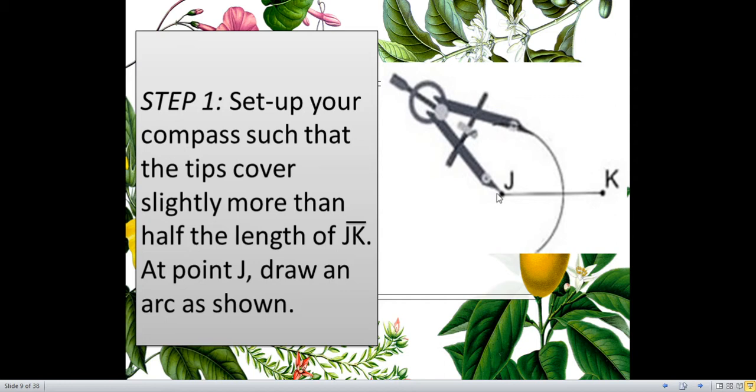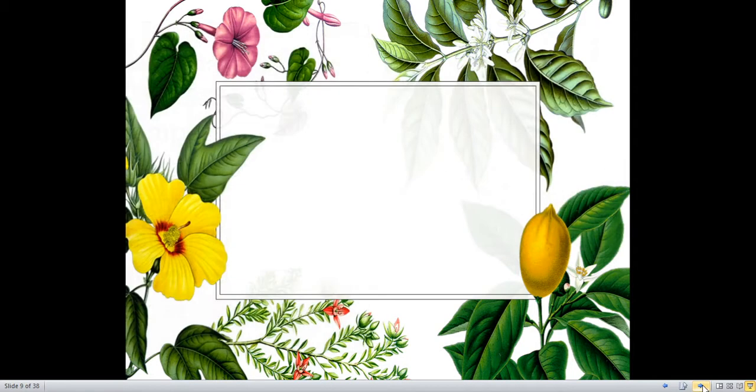From point J to that point, you will draw an arc as shown in the figure, or you can call that almost a semicircle, half circle. That is step 1.